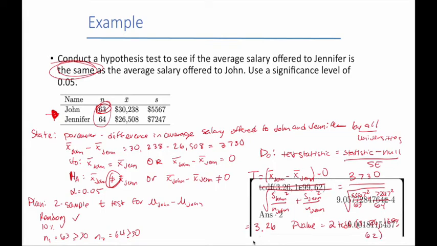And our p-value here is 0.001. So then our conclusion, because our p-value 0.001 is less than our alpha of 0.05, we reject the null. We do have convincing evidence that the average salary offered to John is different than the average salary offered to Jennifer for all universities.